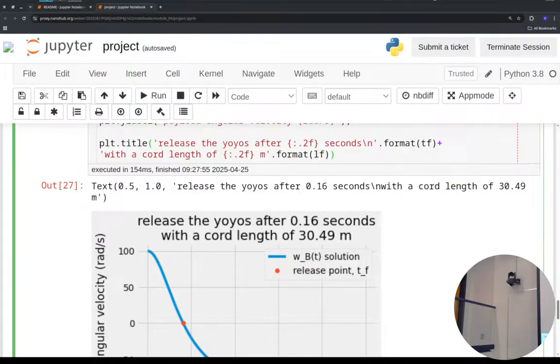What's point 2f? Floating point with 2 decimals. Yeah, so if you want more, you can put 0.3 and look at 3 decimal places, and then you get milliseconds, right?